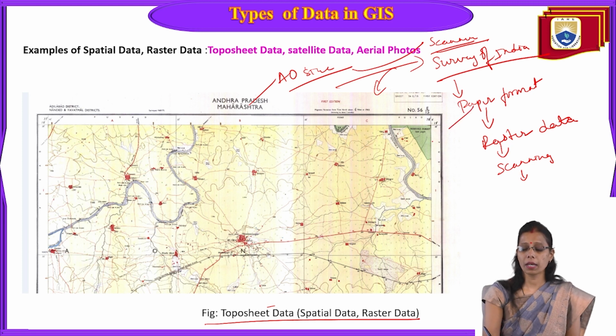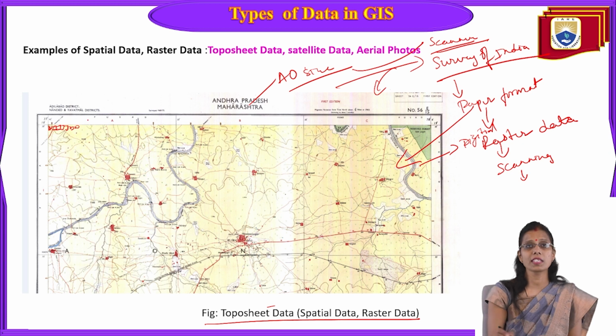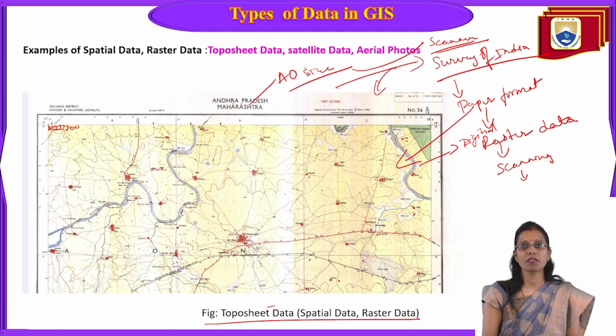This paper map is later converted to raster, because once you scan it, the entire information is converted to digital. Each portion of this toposheet will have small cells, so when we zoom in, we find the data is converted to cells. So this toposheet data is also known as spatial data as well as raster data.